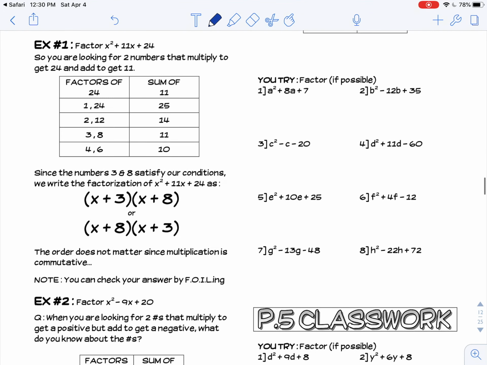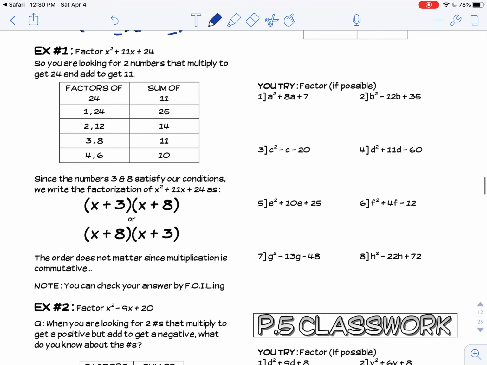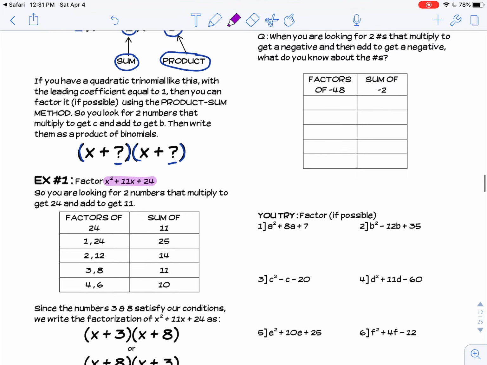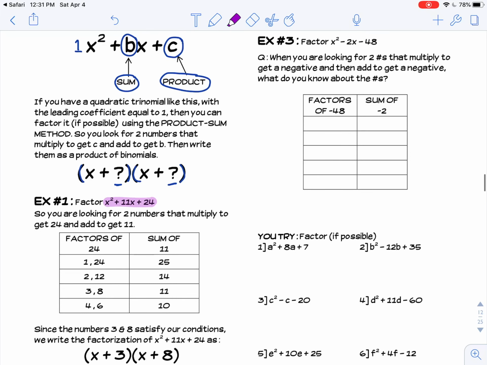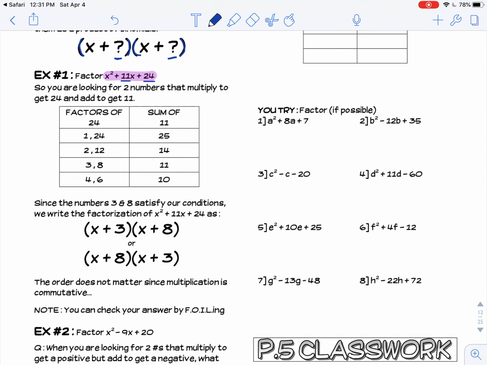Okay, so let's go over some examples. So, example 1. If I have x squared plus 11x plus 24, I'm looking for two numbers that give me a sum of 11 and a product of 24.